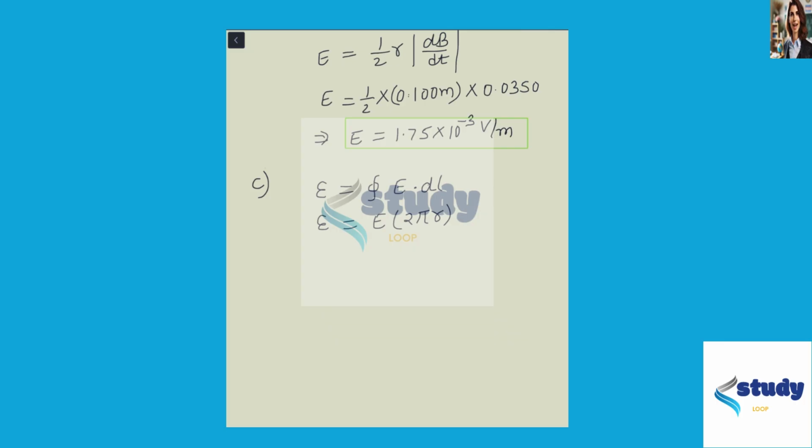Putting values, epsilon equals E, which is 1.75 multiplied by 10 to the power minus 3, multiplied by 2 pi, where pi is 3.14 or 22 by 7, multiplied by r, which is 0.100 meter. After solving it, the magnitude of the induced EMF comes out to be 1.10 multiplied by 10 to the power minus 3 volt.